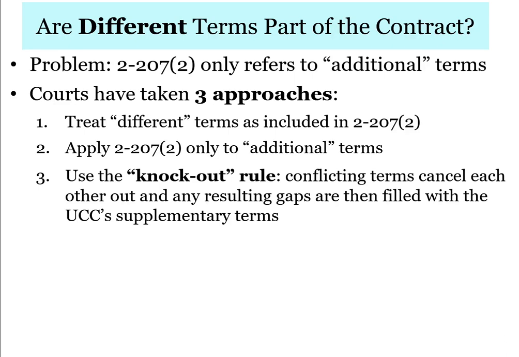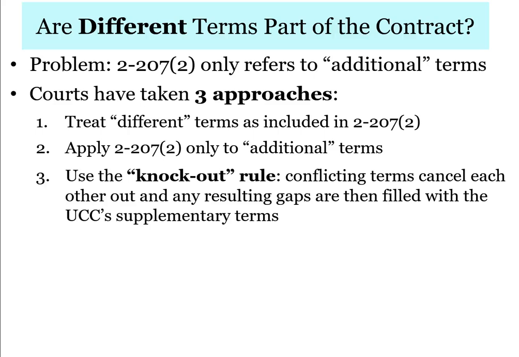The rationale for this approach is that the drafters of the rule probably meant to refer to different terms in subsection 2, and the omission was just an oversight. Under this approach, different terms almost never become part of the contract because, by definition, different terms materially alter the contract. Several courts have adopted this approach.